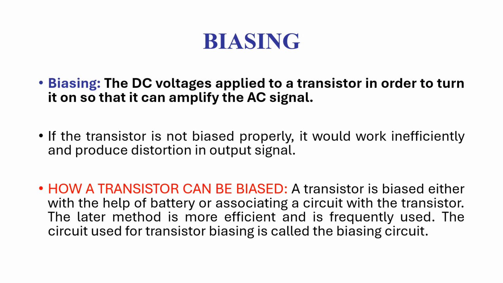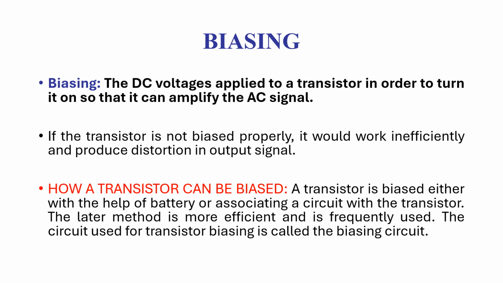We will get the amplified signal, a proper signal without distortion. To get the undistorted signal, the DC voltages should be properly applied to a transistor for the AC input signal amplification.